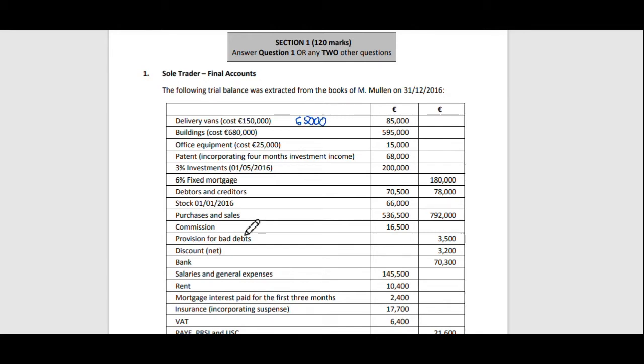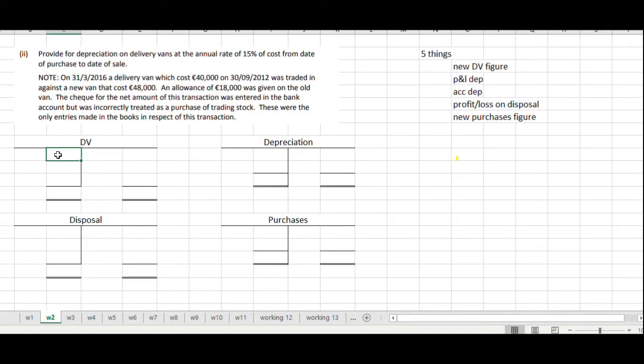So my opening balance for delivery vans is 150,000, my opening balance for depreciation is 65,000. I also have an opening balance for purchases. If you look at the trial balance, that opening balance is 536,500. Okay, so those are the opening balances we have.